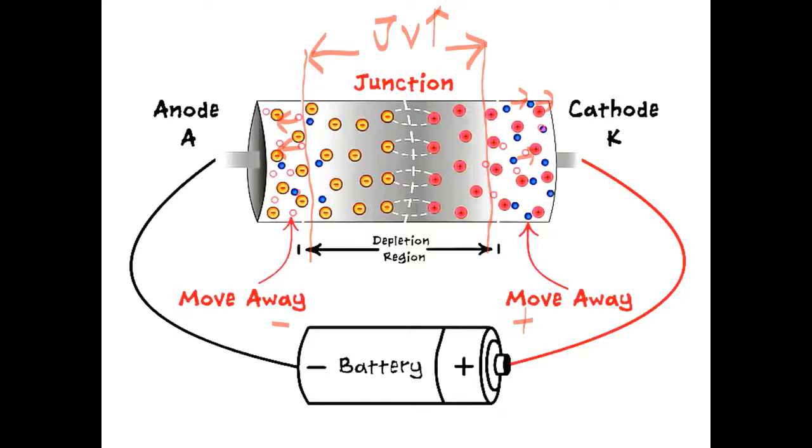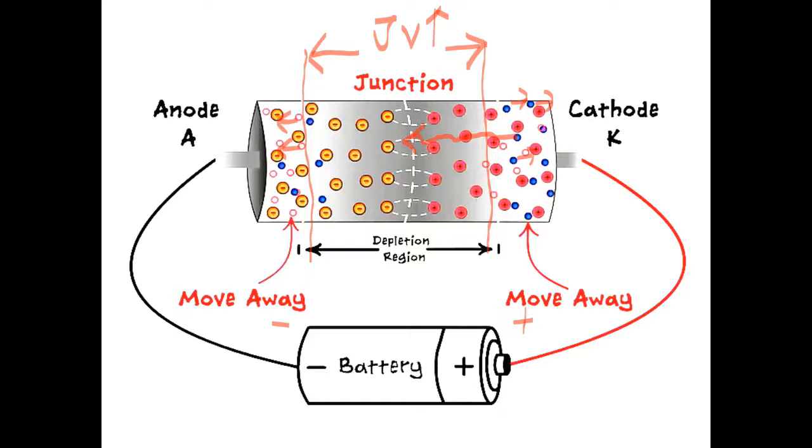When the junction voltage is increasing, that means the positive and negative ions are increasing. With the ions increasing, it is getting more difficult for the electrons to pass through, because they will be repelled by the negative ions in the P-type semiconductor. So in this case, no electron can pass through this depletion layer, because it is getting wider and wider, and the voltage getting bigger and bigger.